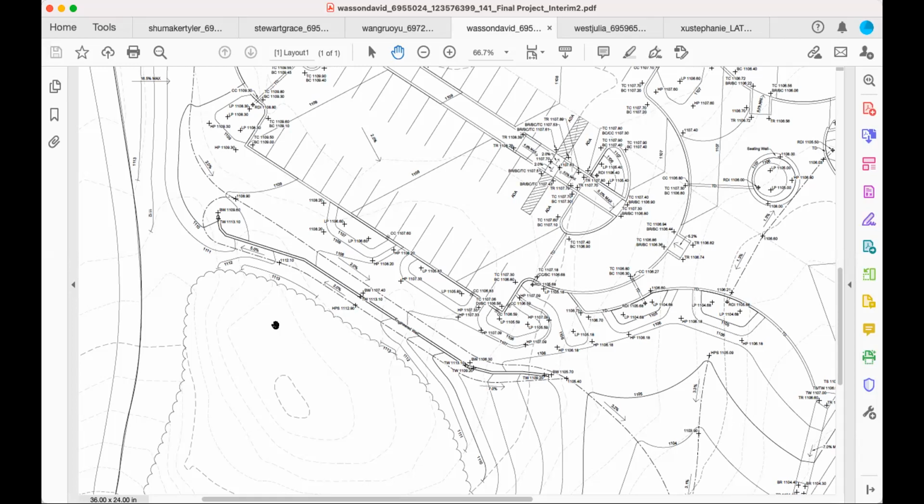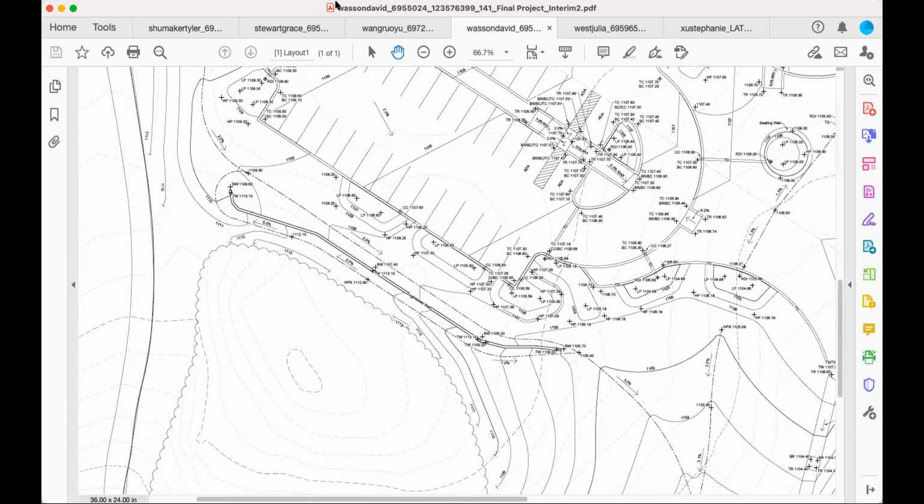So the 1112. I'm trying to understand. There is one swale going. Is there any way to simplify this? Going around out of the wall and then going there. And will these contours actually be able to shape the water to those locations?